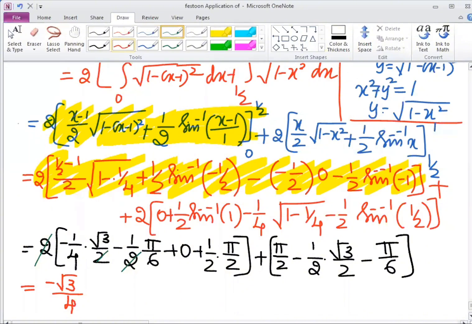Now further if I continue this, minus pi by 6 will remain here, plus pi by 2, again plus pi by 2. Here we have taken half everywhere. Look here, this 1 by 2, this 1 by 2, this 1 by 2 we have taken out.